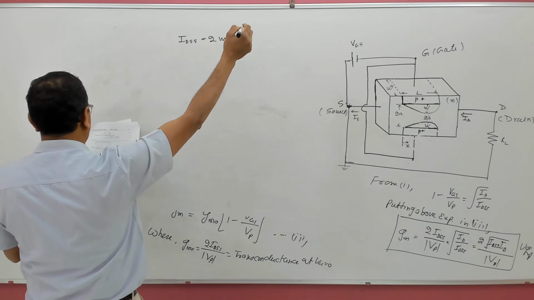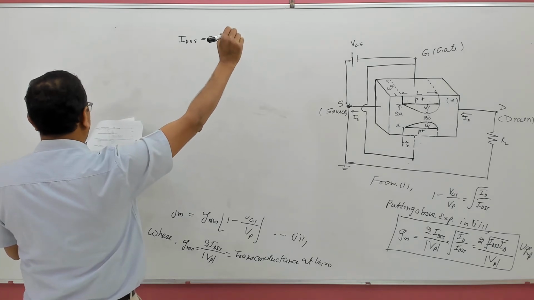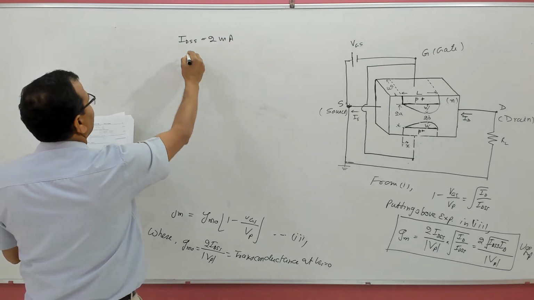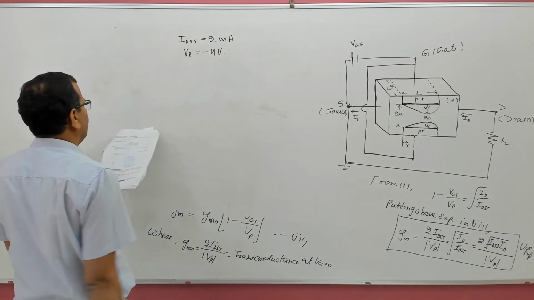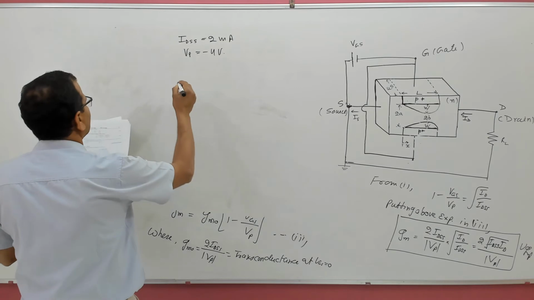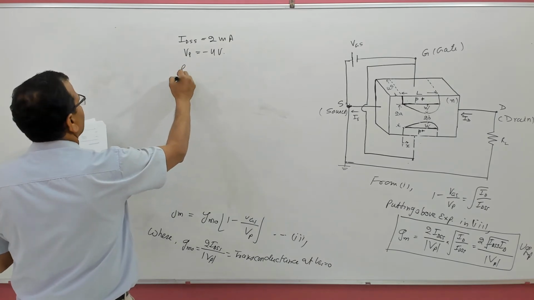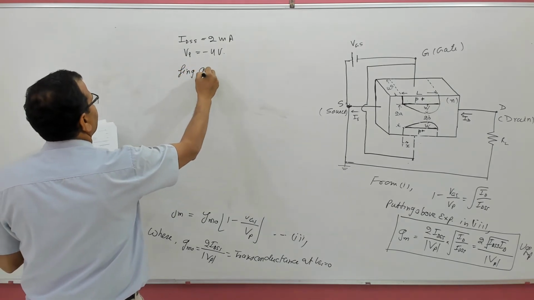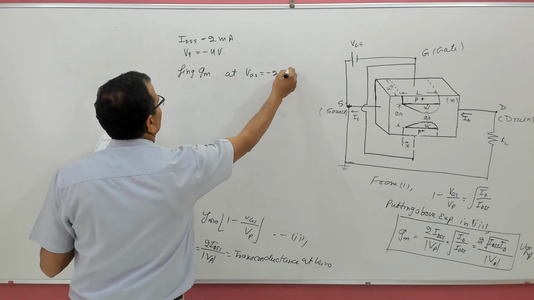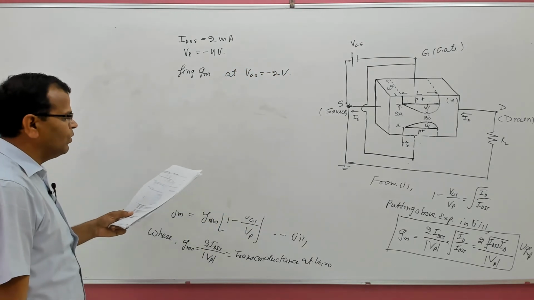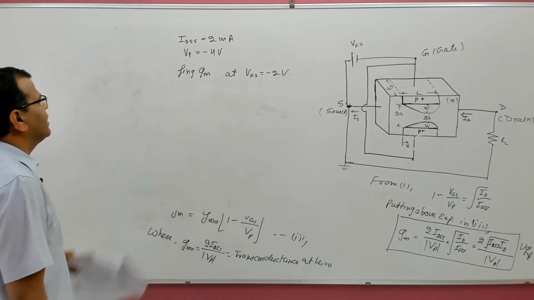The pinch-off voltage of the JFET is minus 4 volt. You have to find the transconductance GM at VGS equal to minus 2 volt.